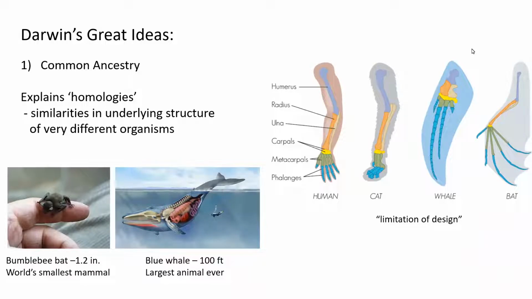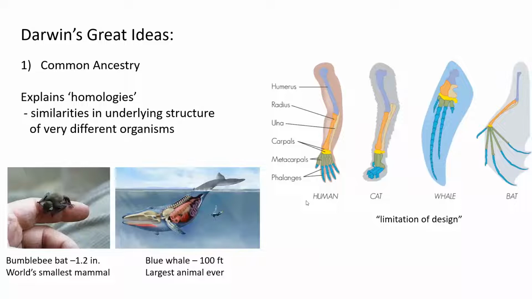And Darwin, from his creationist perspective, because he was born in England in 1809, I mean, that's what his philosophical, cultural perspective was, was wondering why these organisms that lead such different lives would have been created with this underlying similarity. He viewed this as a limitation of design.